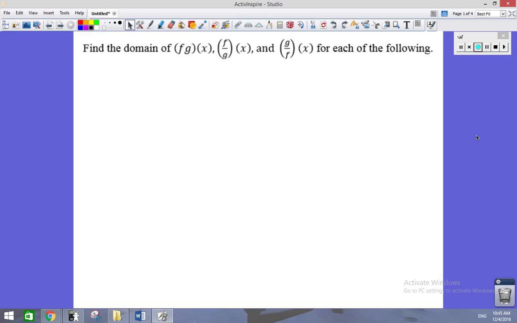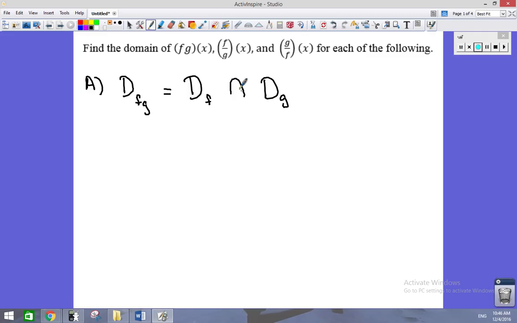I don't have to find the actual equation for the functions themselves. I can just use the domain of f and the domain of g and information about f and g to give these answers. When they ask me to find the domain of part A, the domain of this new function fg is always going to be the domain of f intersected with the domain of g.